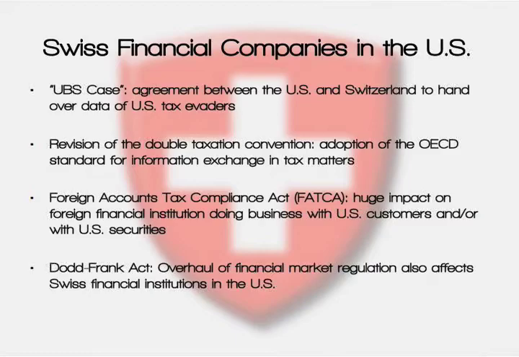So Switzerland now gives administrative assistance in tax matters if tax evasion is concerned. Before that, there was a distinction between tax fraud and tax evasion, and now both tax fraud and tax evasion are a matter for administrative assistance.